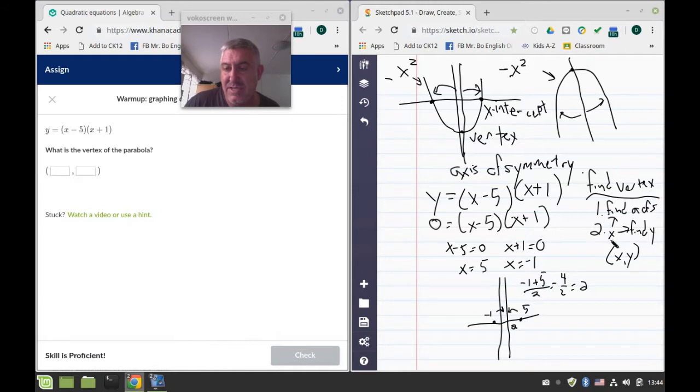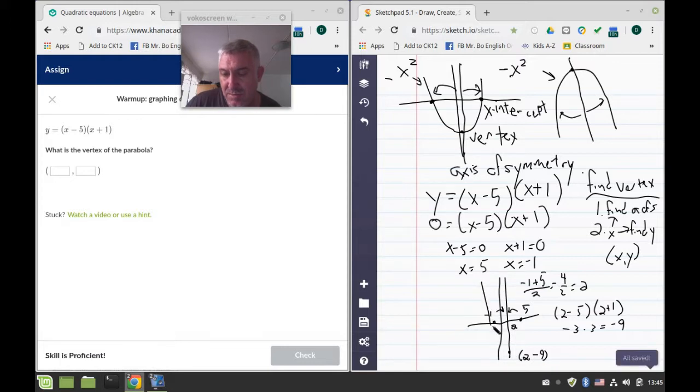For step 2, we're going to use that x to find y. How do we do that? We plug it in. y is going to be 2 minus 5 times 2 plus 1. That is negative 3 times 3, which is negative 9. So our vertex is down here at 2, negative 9.